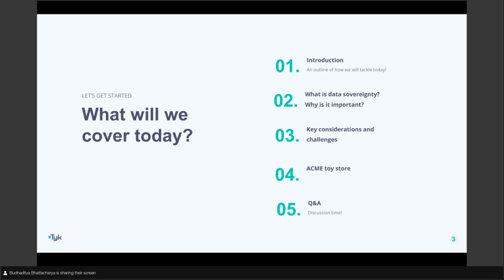Then I've got a use case through our little ACME toy store, and we'll really go through the journey of growth when it comes to this particular business, what kind of challenges they might be facing, and what kind of considerations they might need to make in order to build out a solution that would potentially comply with the regulations around. And then finally, of course, we'll cap it all off with a Q&A session where we can discuss and pick up your questions. So keep those questions coming for sure. You've got a panel on the right-hand side which you can use, and I'm sure Andy and I will be tackling those towards the end of the session.